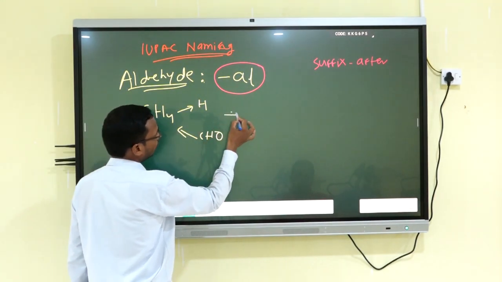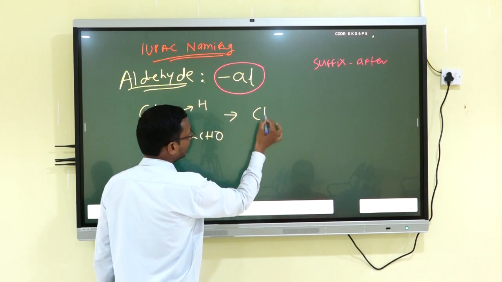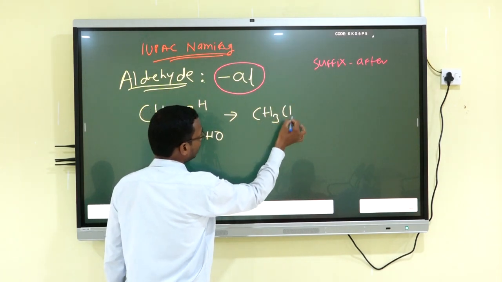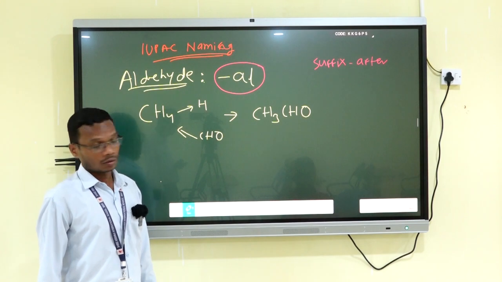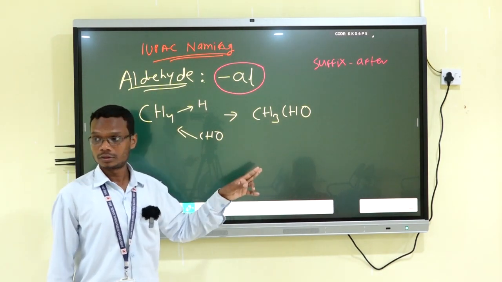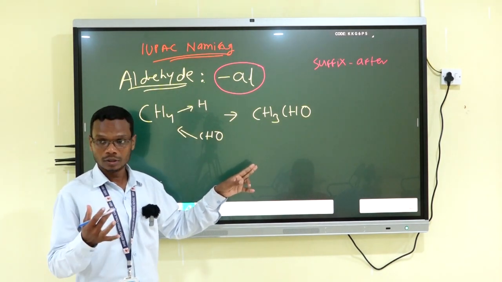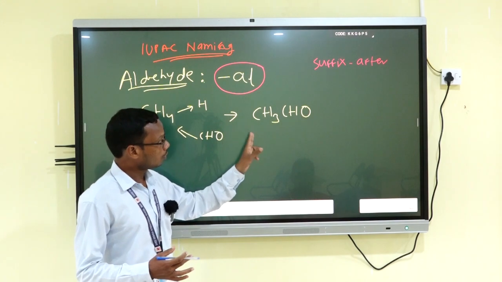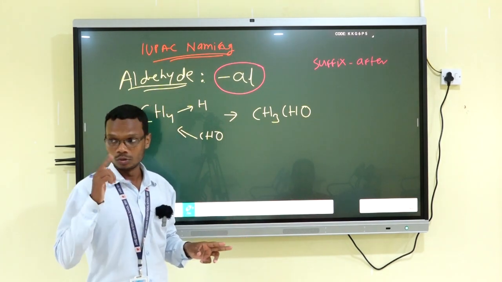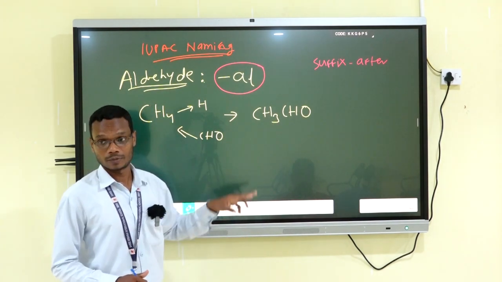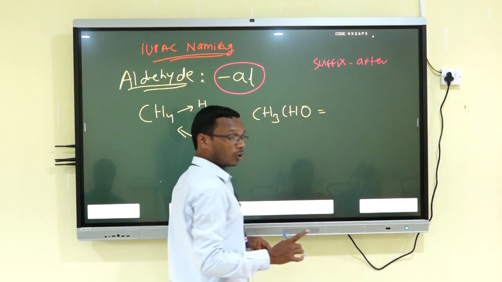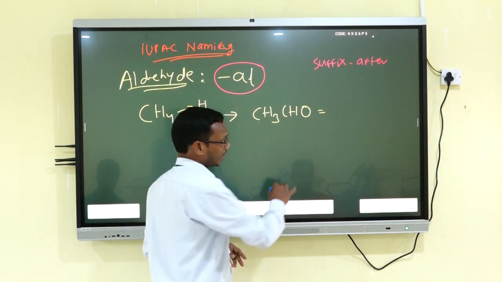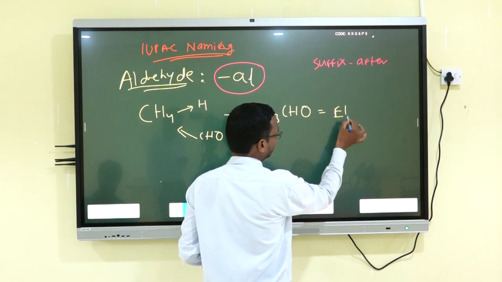Then our new compound is CH3CHO. Now look carefully. What is the number of carbon in this compound? Total carbon is 2. So for carbon 2, that is ethane, and this compound is ethanal.